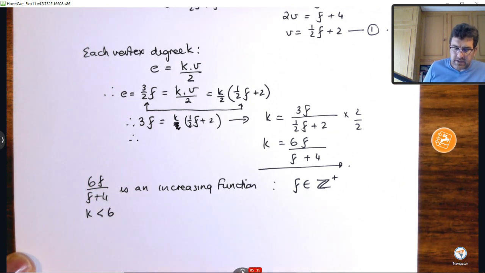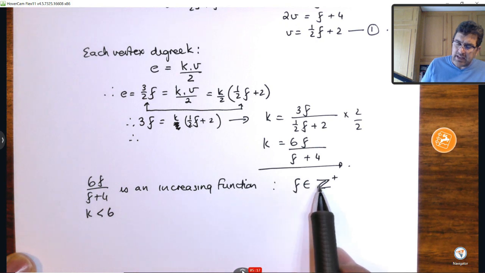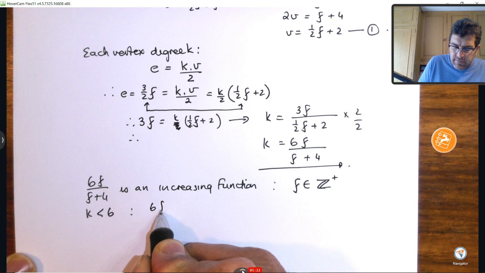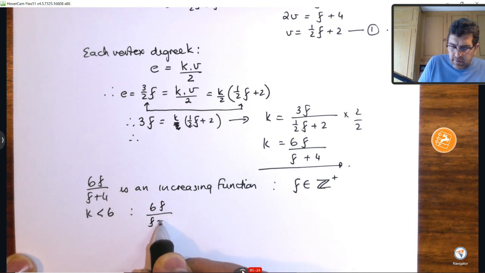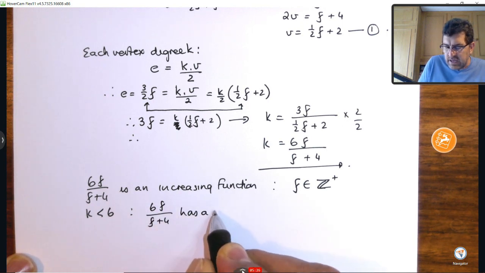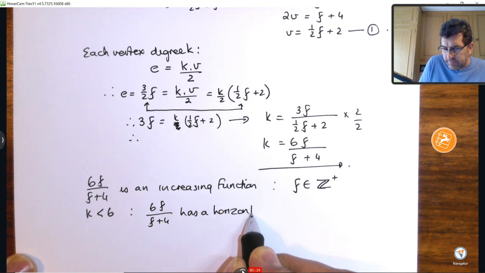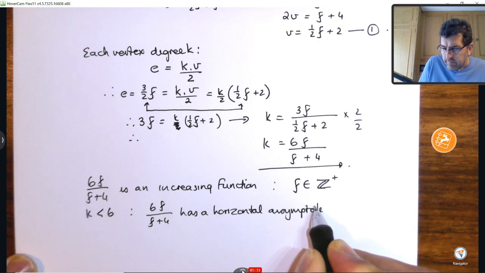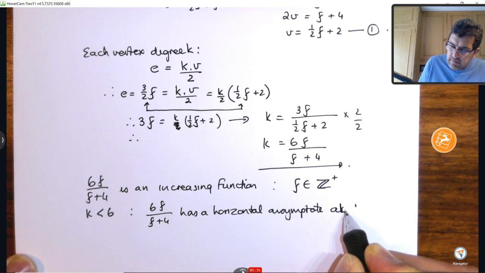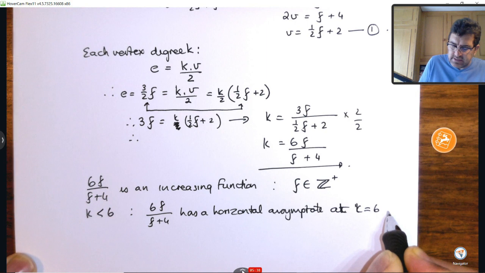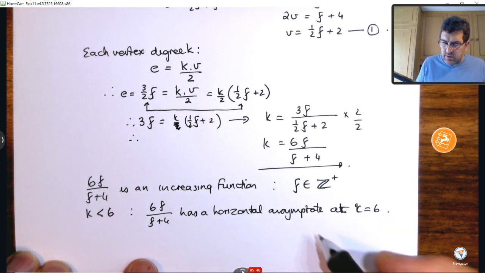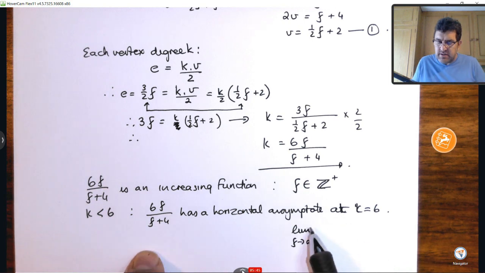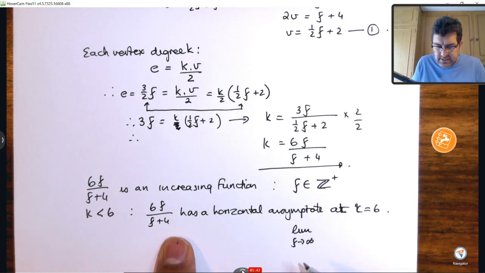Why does this happen? Now let's have a look. As I keep on increasing F, 6F over F plus 4 has a horizontal asymptote at k equal to 6. Let me just quickly remind you, it's the limit when F approaches infinity, an infinite number of faces.